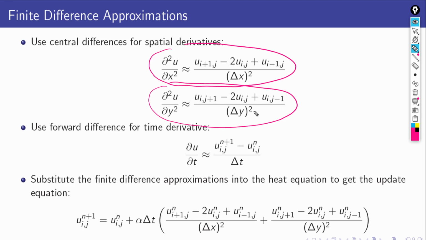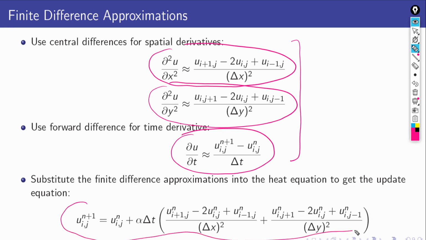For the time derivative, we have the forward difference, which is given as ∂u/∂t approximated by (u^{n+1}_{ij} minus u^n_{ij}) upon delta t. By putting these three expressions in the given heat equation, it will reduce to this form, and this is the most important equation. All the values will be approximated by using this equation.